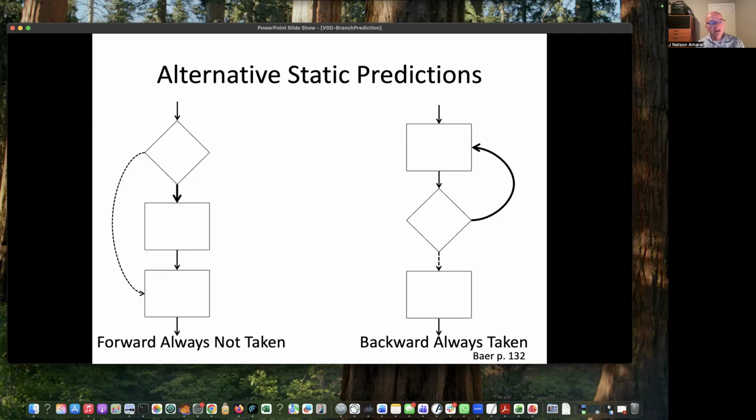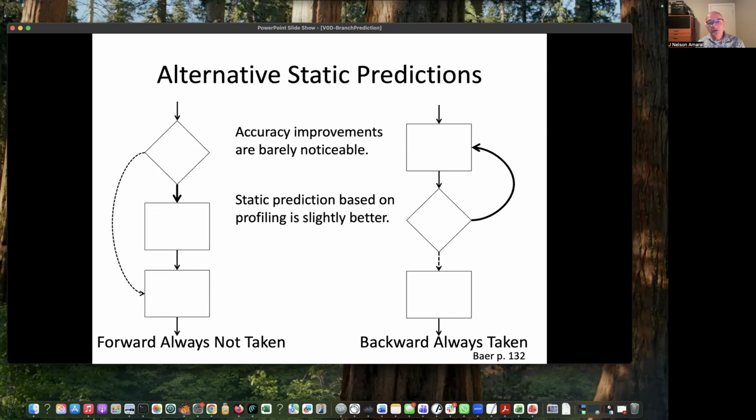However, it does not take into consideration what the compiler does, because the compiler can generate the branches in different ways, in the positioning of the code. So what was observed based on these benchmarks is that the accuracy improvements are barely noticeable with this type of static prediction.